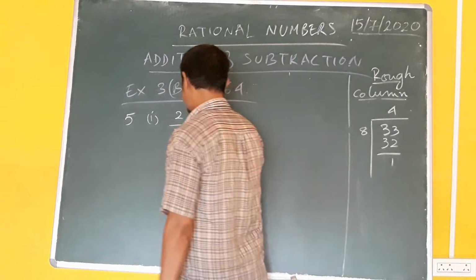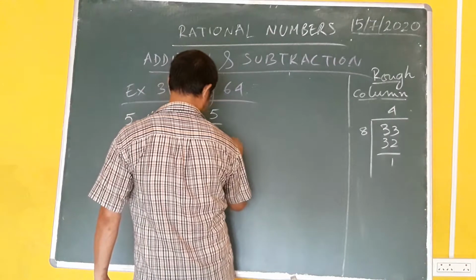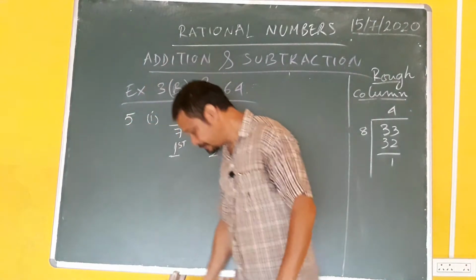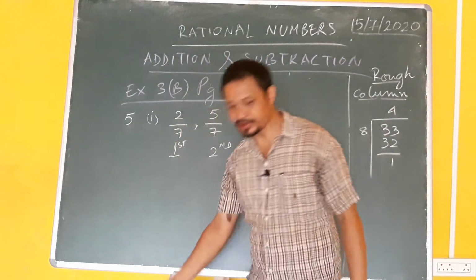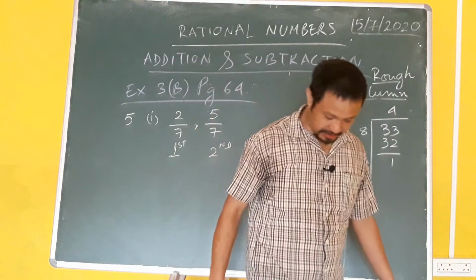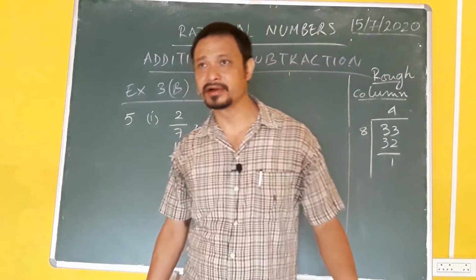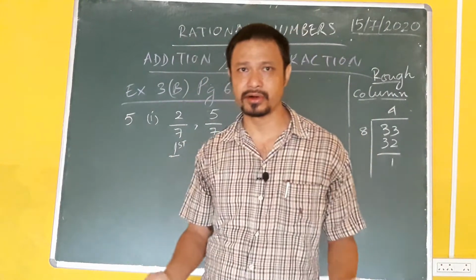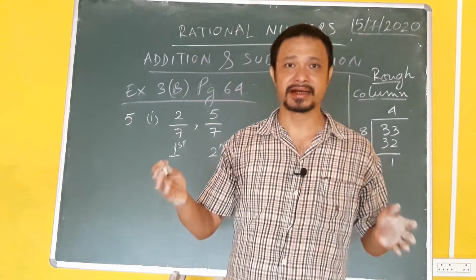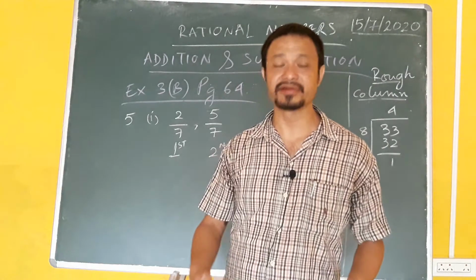Okay, so this is the first rational number and this is the second rational number. I have seen some students who are good in maths also tend to make mistakes when they are doing this sum. Maybe it's the examination fear, the examination hall, the stress, the time constraint, not being able to talk to anyone, confusion.